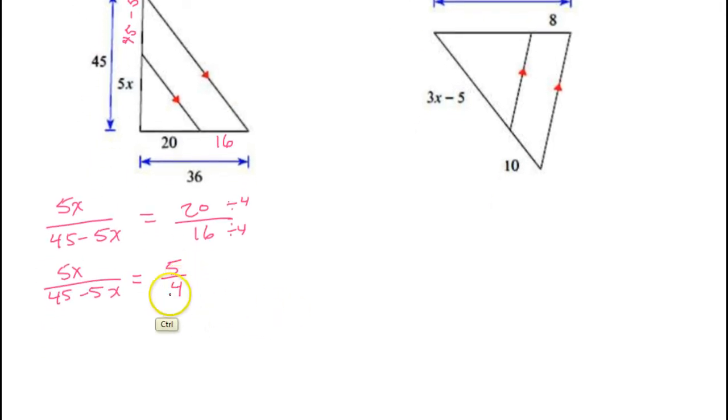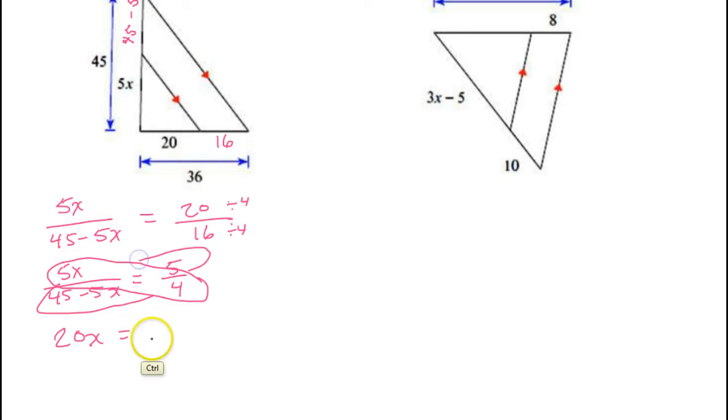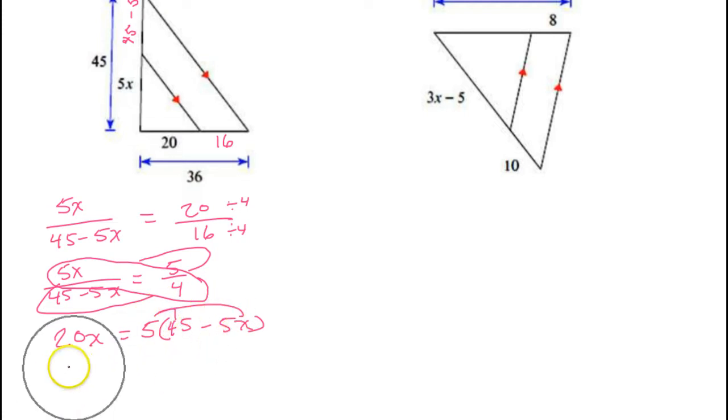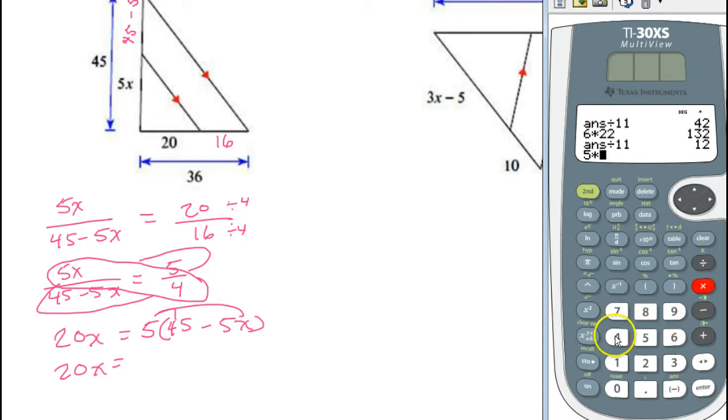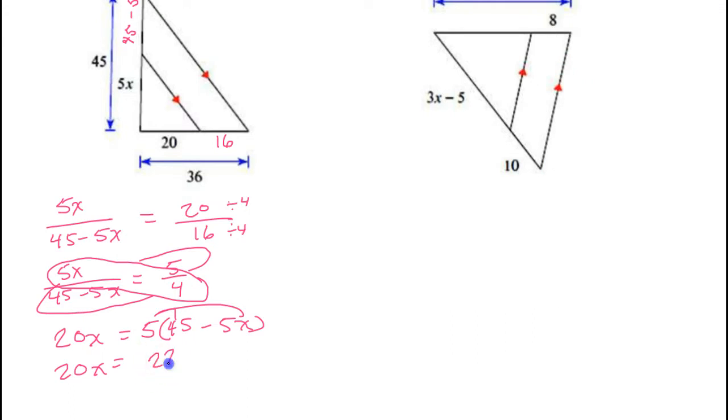And then I will cross multiply. If I multiply along this diagonal, I'm going to get 20x. If I do the other diagonal, I've got 5 times 45 minus 5x, and then I need to do the distributive property. So we'll have 20x equals 225, 5 times 5 is 25, so that's minus 25x.